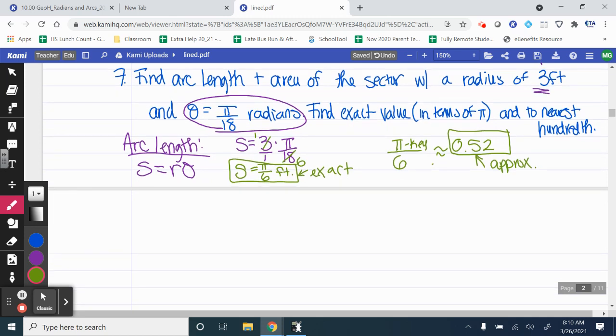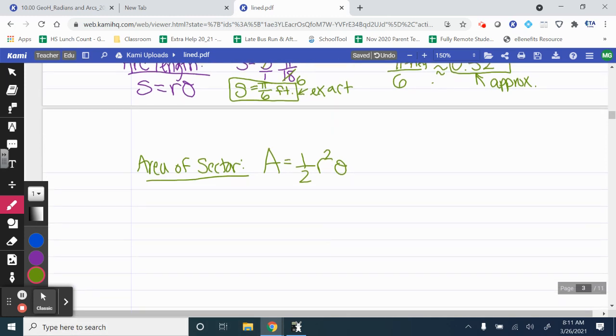Okay, now let's talk about the area of that sector. Our formula for the area of a sector also has to be memorized: 1/2 r squared theta. Again, we just need the radius, and theta must be in radians. In this case, we were given that already in radians.